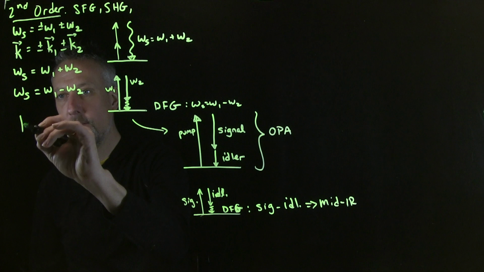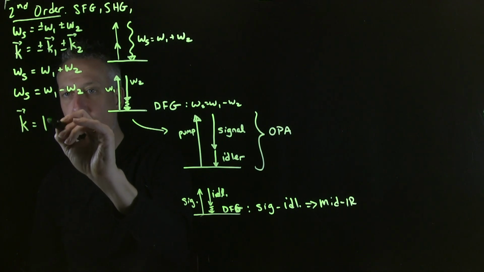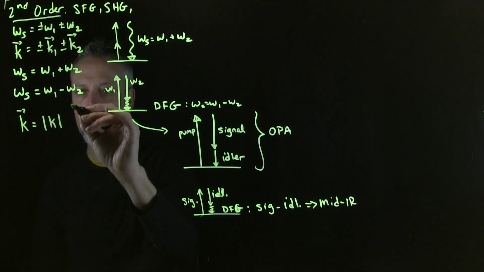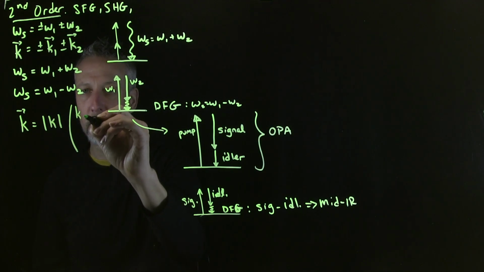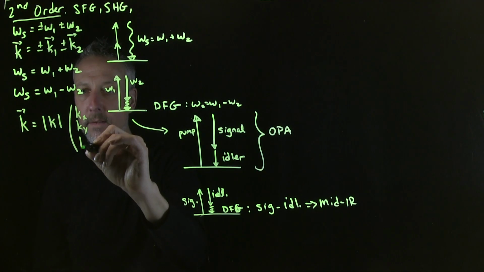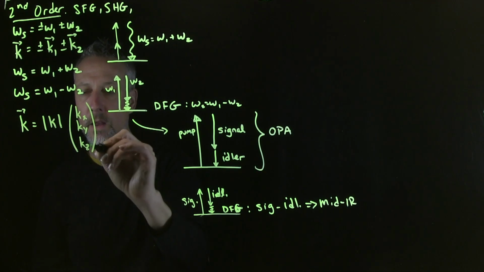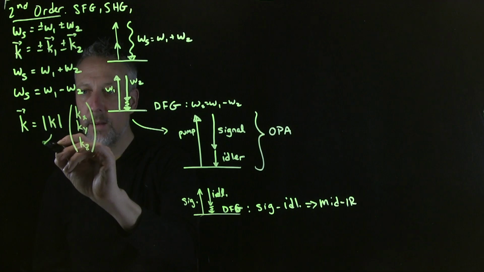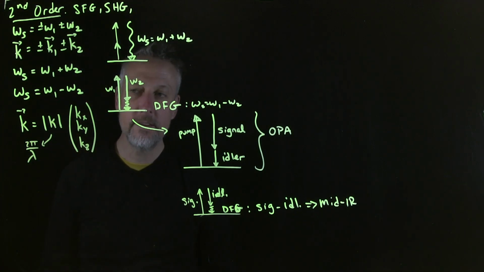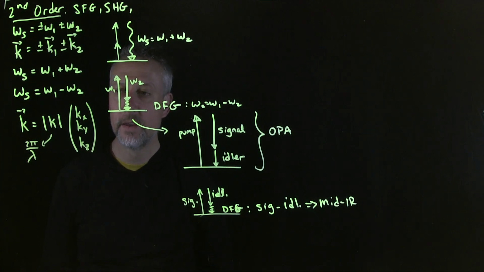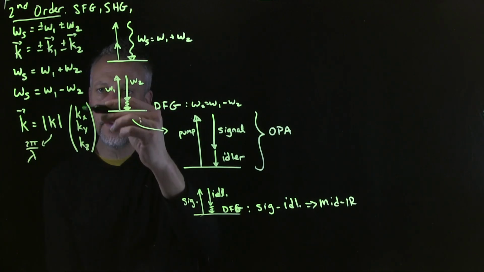And a wave vector, right, is going to have a magnitude, and then it's going to have some components, kx, ky, and kz, in some basis. k is 2 pi over lambda. So that tells you the size. It's proportional to the frequency. And these are the directions.